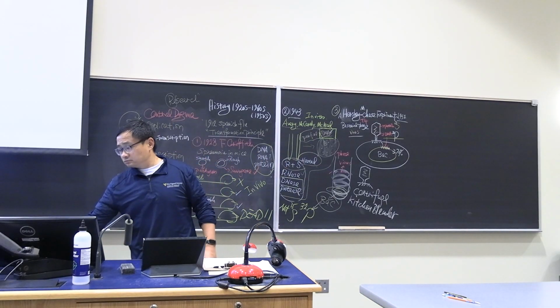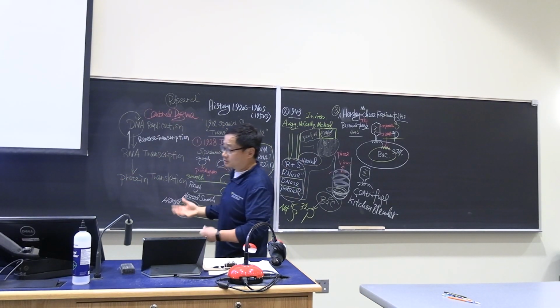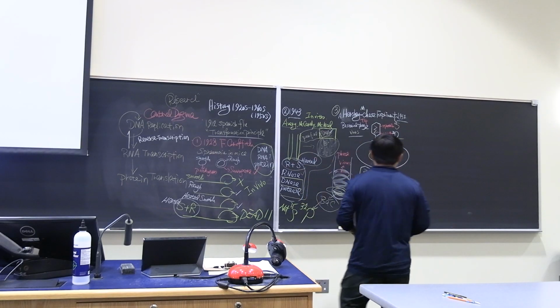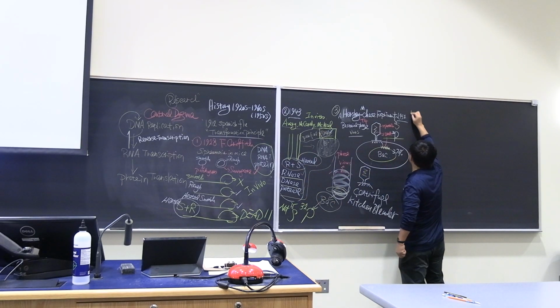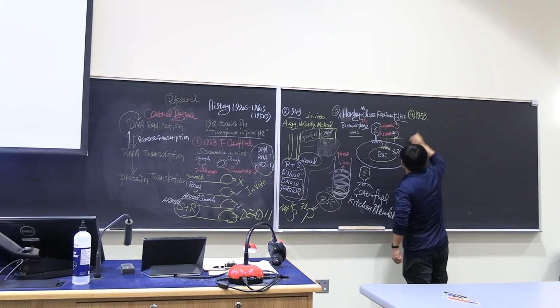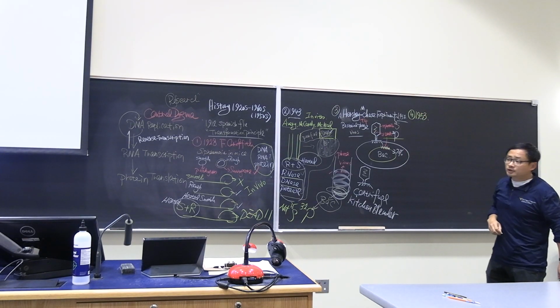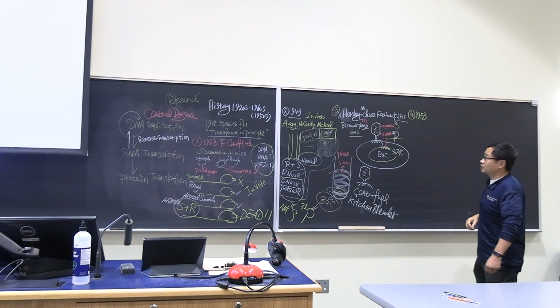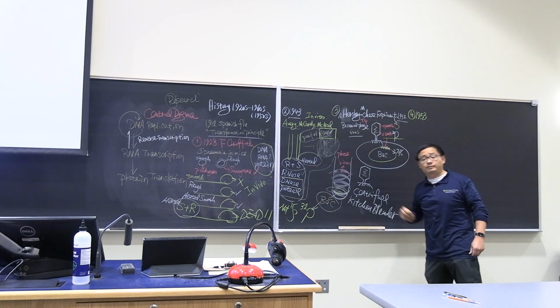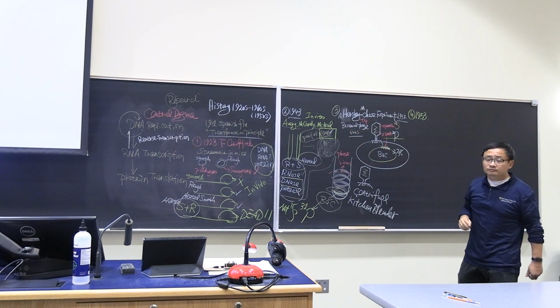So then the time goes. That we're going to talk about is 1953. Okay, people get to know the structure of the DNA. We first know the chemical, but then we need to know the structure.